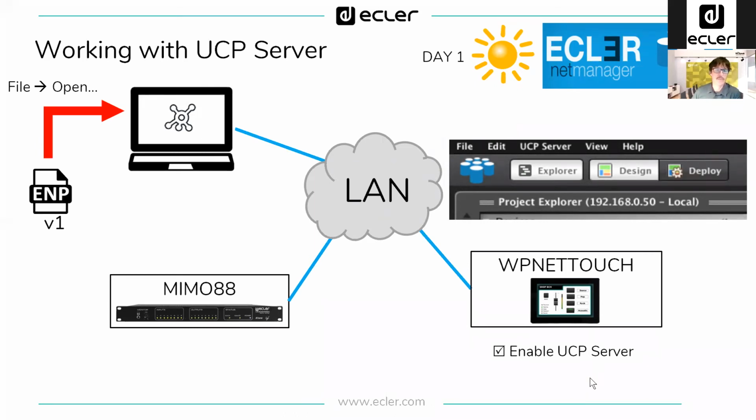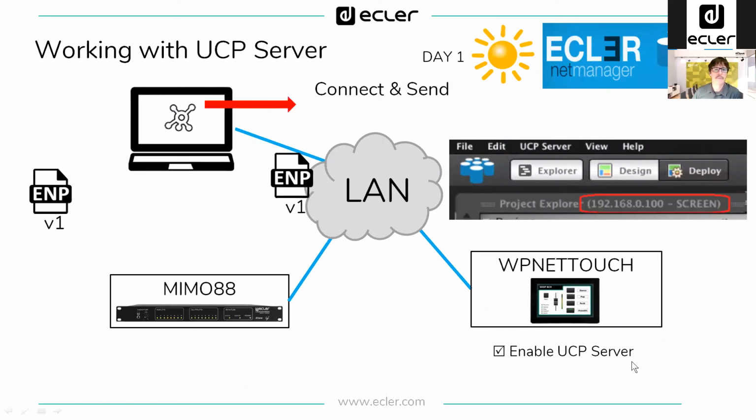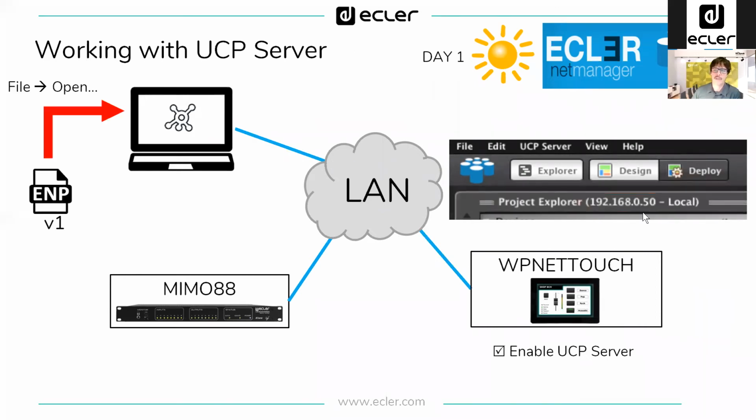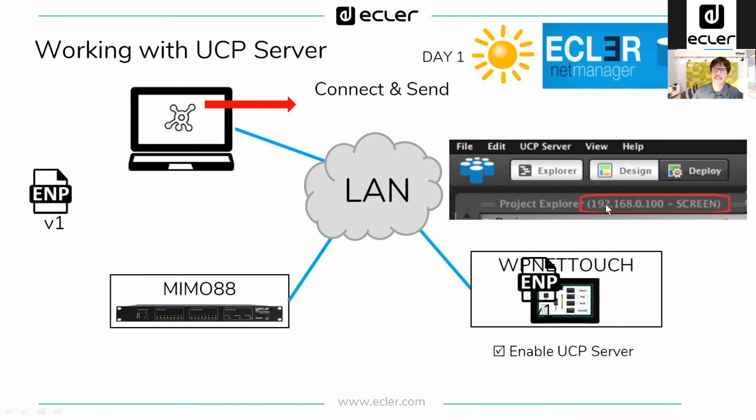It has an option to enable or disable the UCP server. And you connect and send, which means that you will send this project with its UCPs to the WPNet Touch, okay? Just to point out, when you connect and send, you see, then you're connected to this UCP server and it changes. This means that I'm online with a UCP server.